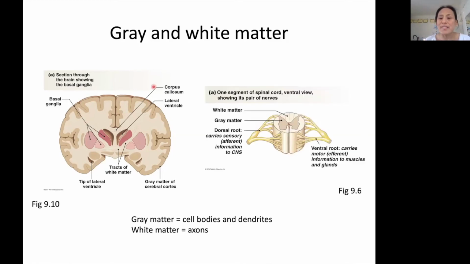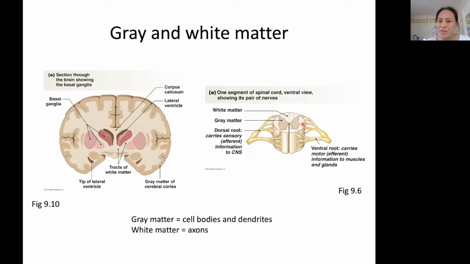Okay, and then you can see gray and white matter here in the spinal cord as well. So in the spinal cord, this is like if you have the spinal cord like this and took a section through it like this. I don't know if you can tell what I'm doing. But the gray matter is actually towards the center, and then the white matter surrounds it.